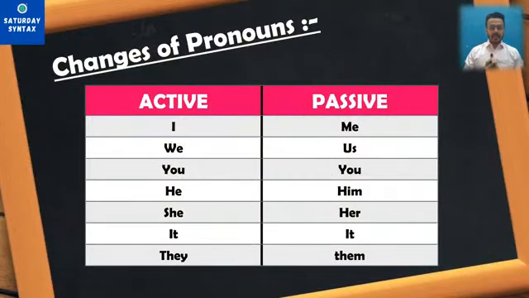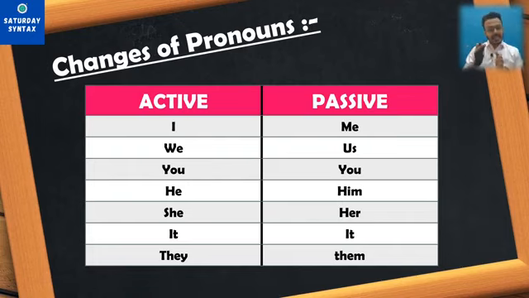Now, which is the first step? Friends, you have to learn the table related to the changes of pronouns. You can see two columns here, left is active and right is passive, right? So there are two types of voice, active and passive. In this table, I will turn into me, we will turn into us, you will turn into you, he will change into him, she into her, it into it, and they will change into them.